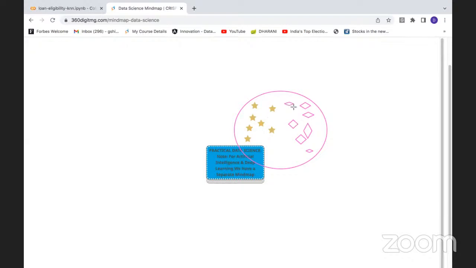We have a few diamonds here. Now suddenly a question mark came into the picture. This is a new data point. Now what happens?